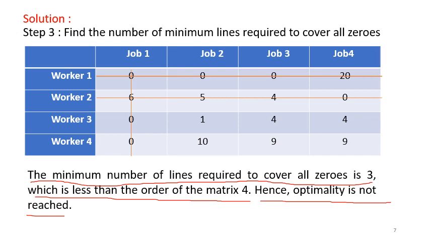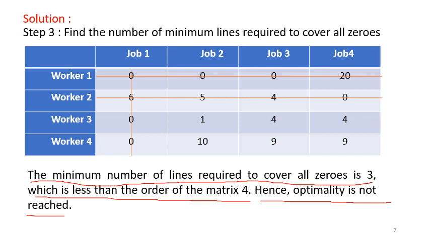Then you can say optimality is reached. As long as you can cover all the zeros by 3 lines, optimality is not reached. So you have to modify the table now and see to it that optimality is reached. What is the condition for optimality? The minimum number of lines required to cover all zeros should be equal to 4. So let us see how we can do that.